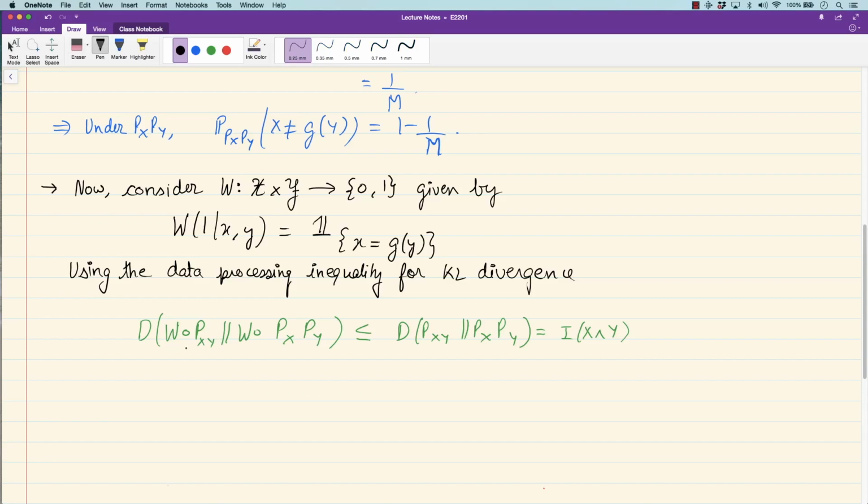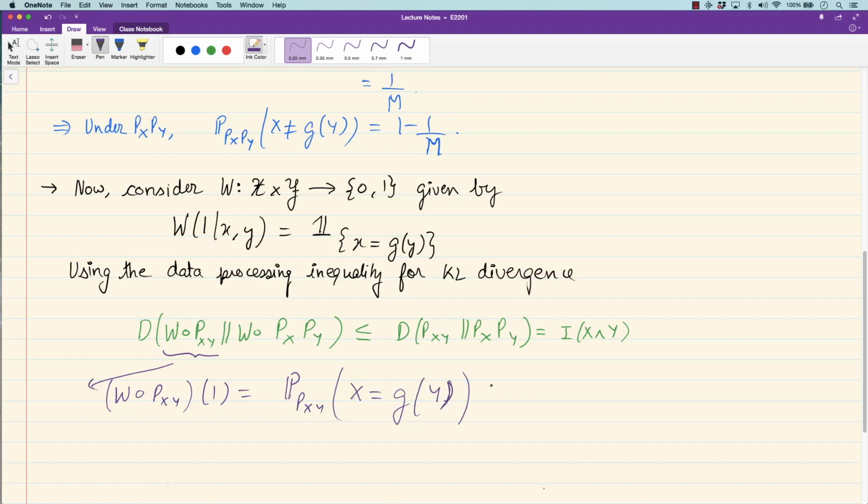But now let's examine each of these quantities here. So what is this first quantity? This is a binary distribution because the output alphabet of W is just of size 2. So what is W P_XY of 1? This is exactly the probability under P_XY of X being equal to g(Y).